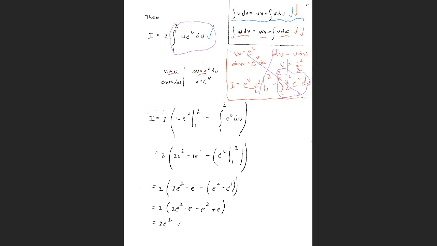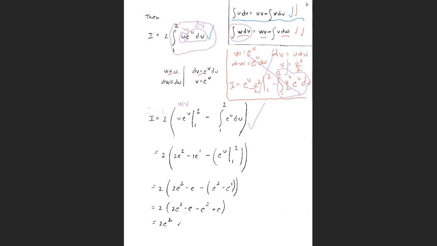Okay, so if you do that, the integral of w dv, that's the left hand side here, then you're going to get a nice result, because this is wv.